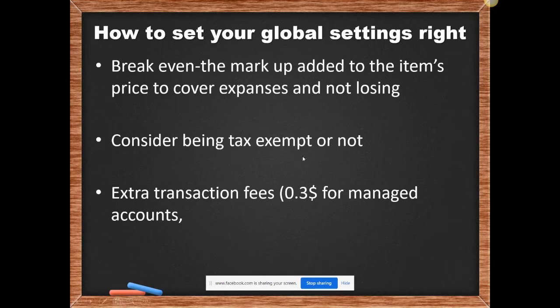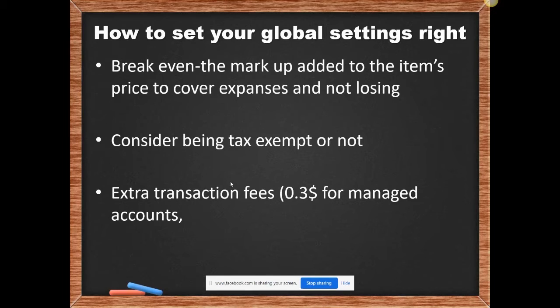but all the other states do collect tax, and there are some with a very high tax rate. I think California can reach up to 10.5%. That's a lot. So let's take the average. Let's say that the average is 7%, and let's say Amazon is your main supplier, like most of us in SaleFreaks. So if you're not tax exempt, you pay an extra 7% on average for each transaction you make.